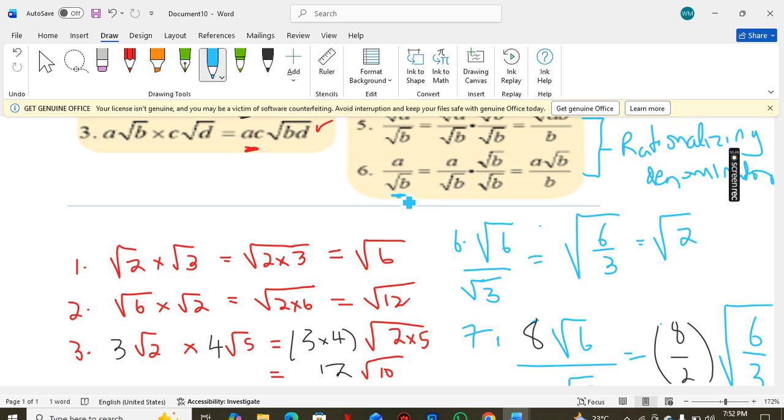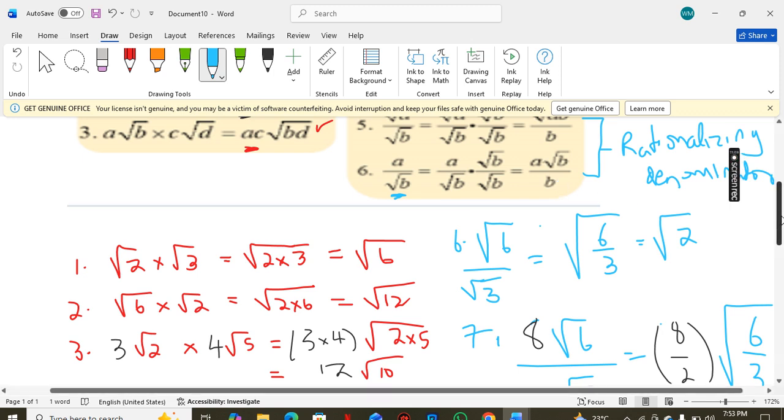You have to get rid of the root in the denominator. Just remember your answer in the denominator should never have a root. You always have to clear that root. That's why here a over the root of b is multiplied by the root of b over the root of b, and you're going to get a root of b over b.